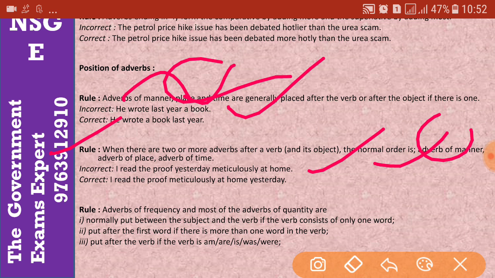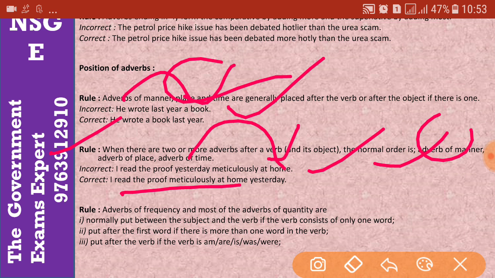Suppose there is an example: I read the proof yesterday meticulously at home. Please do remember, I read the proof is okay, but the time should be placed last. So yesterday should be placed at the end, and meticulously, the adverb of manner, should come right after the verb phrase. Okay, please do remember.